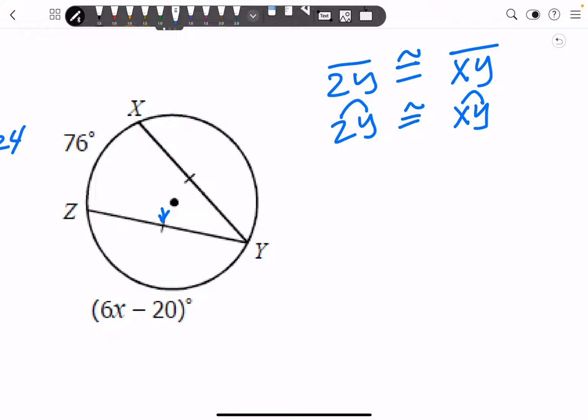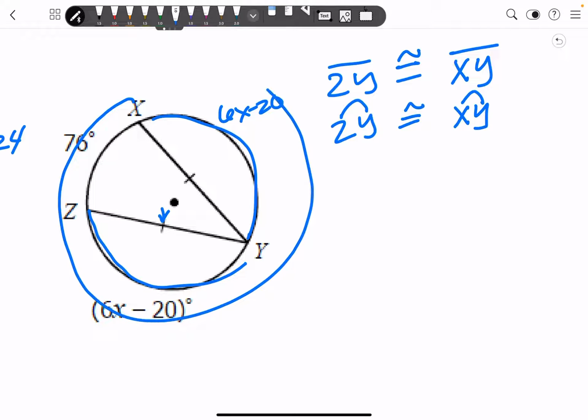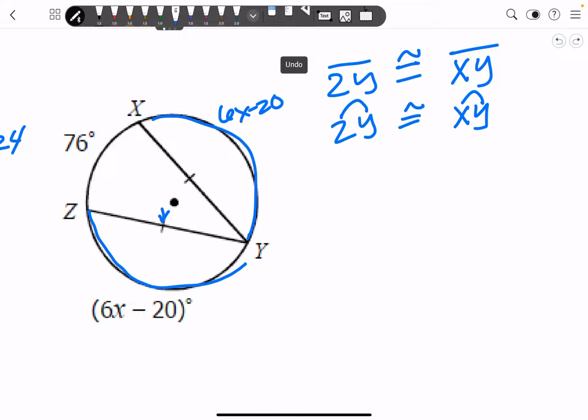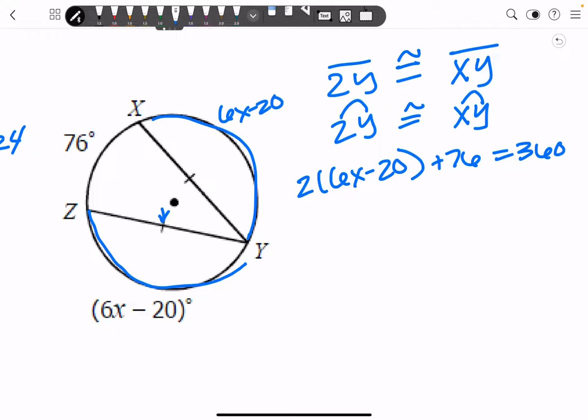But what you can do is realize that these 2 are congruent, meaning this is also 6x minus 20. And then remember, an entire circle is 360 degrees. So you're going to get 2 times 6x minus 20 plus 76 equals 360.